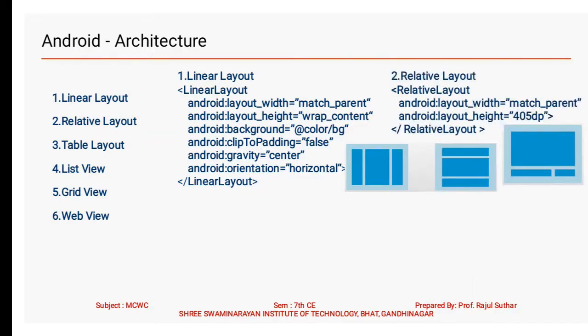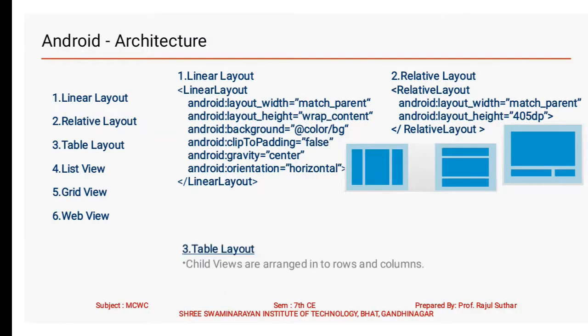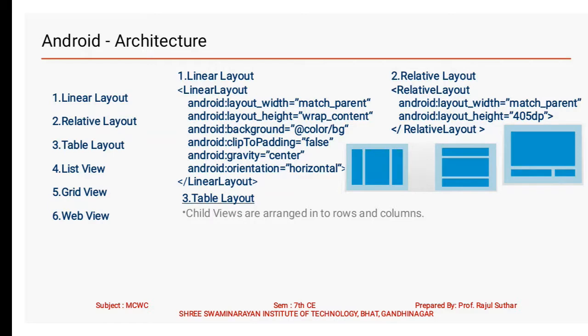Then the relative layout. By using the relative layout, you can define the position of each child. So this is the figure of the relative layout and the code of the relative layout. Then the third one is the table layout. In a table layout, child views are arranged in rows and columns.